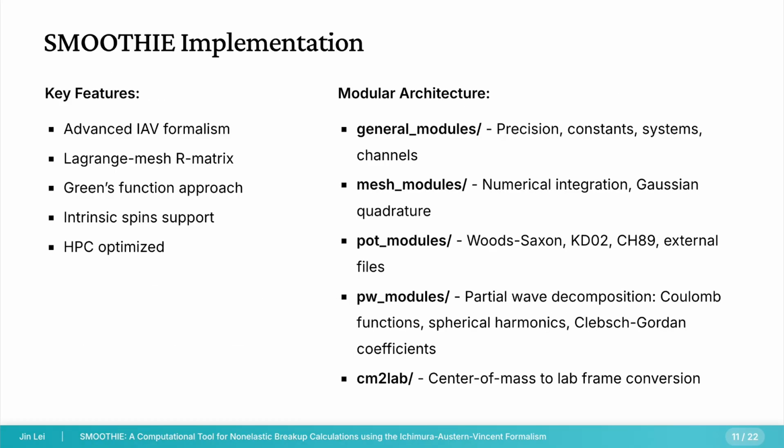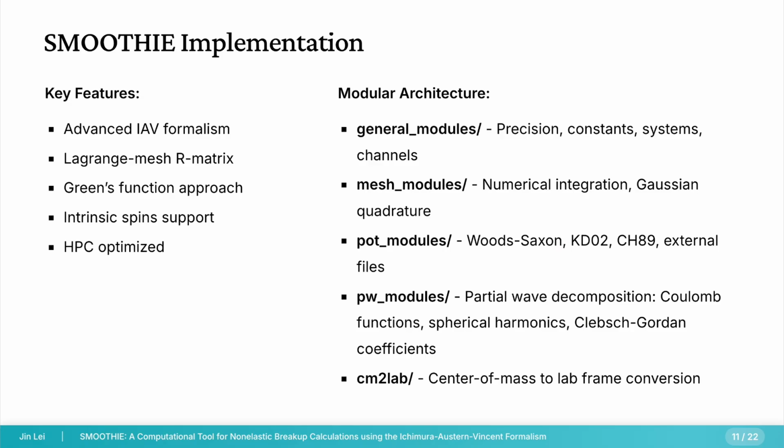With prerequisites handled, we now peek under the hood. On the smoothie architecture slide, the left panel lists 5 points: advanced IAV formalism, Lagrange mesh matrix, Green's function approach, intrinsic support, and HPC optimization. The right panel maps modules to their roles exactly as shown. General modules for precision, constants, systems, and channels.